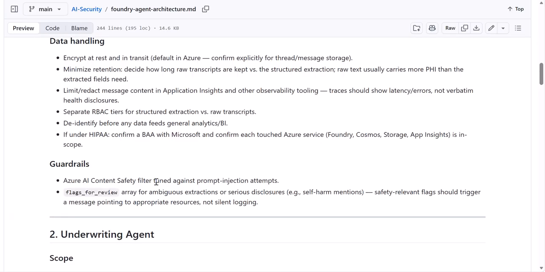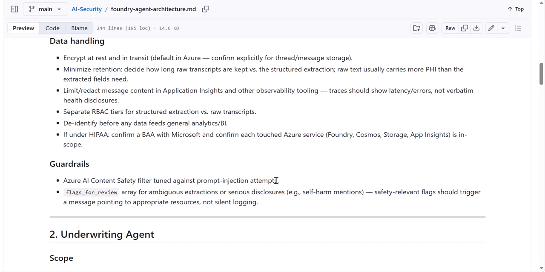And in Azure Foundry, we are using guardrail features to secure the environment, where we have a content safety filter tuned against prompt injection attempts. Using the guardrails, we will restrict prompt injection attempts from the external world.